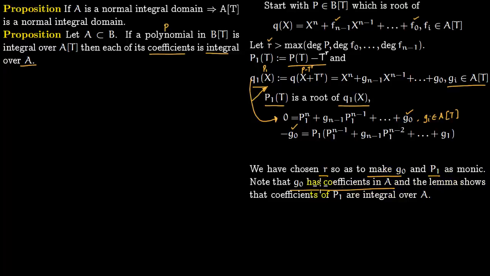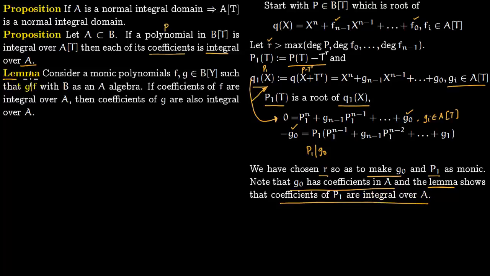So now this equation implies that p1 divides g0. Now if p1 divides g0, then we have a lemma which will show that coefficients of p1 are also integral over A. So let us consider the lemma which will solve our problem here.